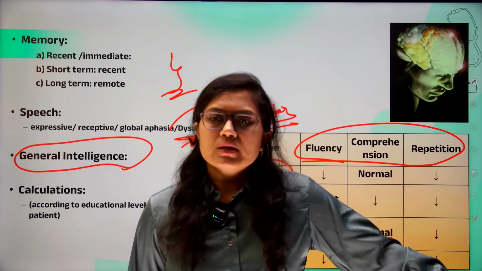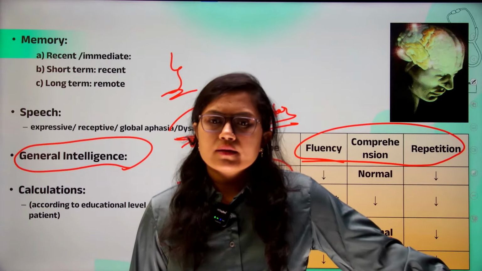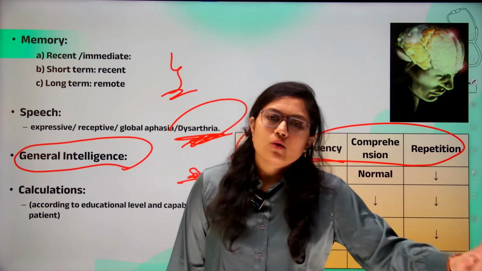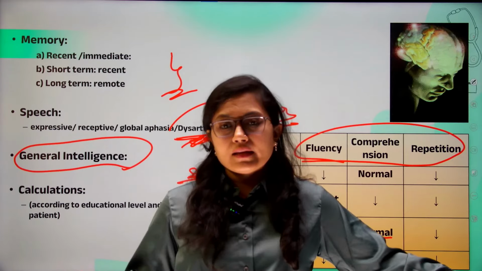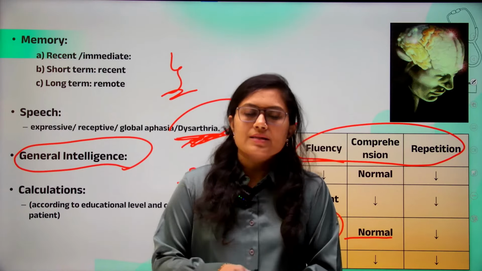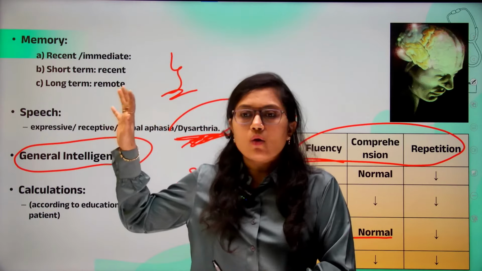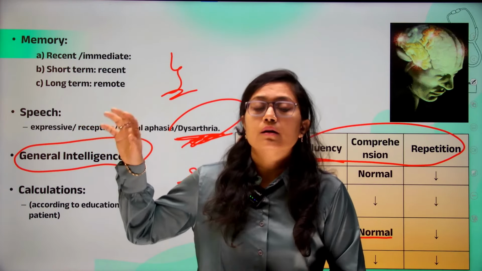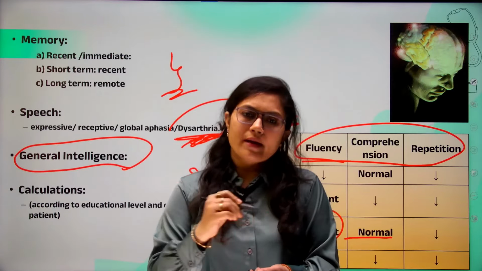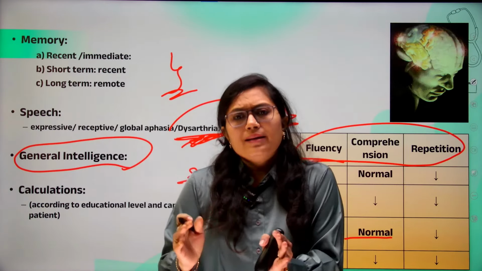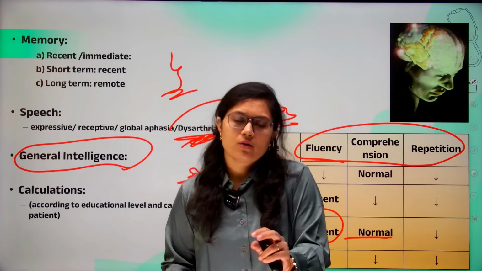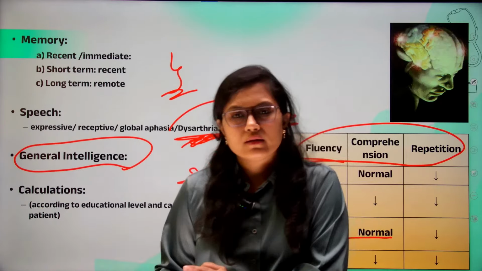Yes, your question is sustained versus selective. Sustained is when we are focusing on something, and selective is when we are focusing on one particular task while ignoring the other external stimuli. For example, if I am writing and I am able to write for 30 minutes, my sustained attention is 30 minutes.